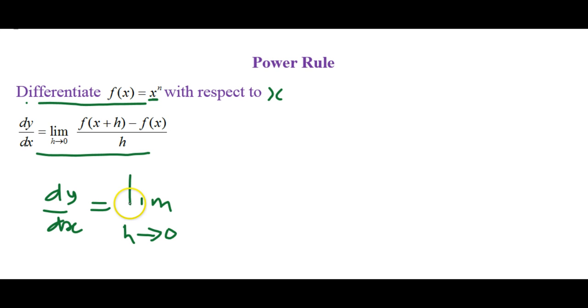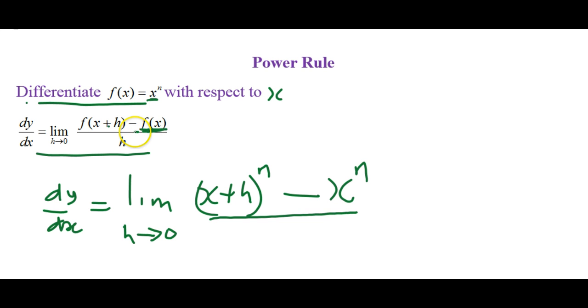Now I want to write the function x to the power n, and so wherever we see x, we put x plus h, like we did earlier. So (x plus h) to the power n, then minus the whole function again, that is x to the power n, all divided by h. And this is what we write.